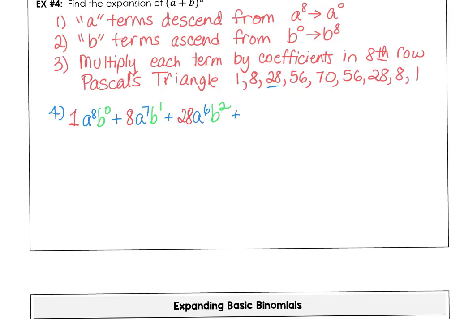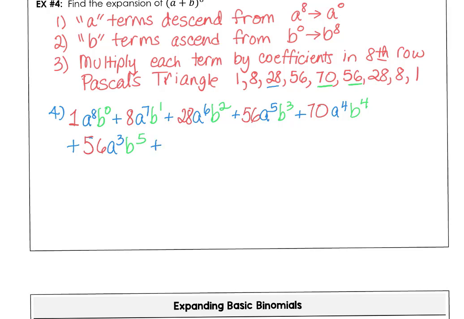Next we have 56, a to the 5th, b to the 3rd. Now we're up to 70, so we have 70, a to the 4th, and b to the 4th. Then we're at 56, so we have 56, a to the 3rd, b to the 5th.